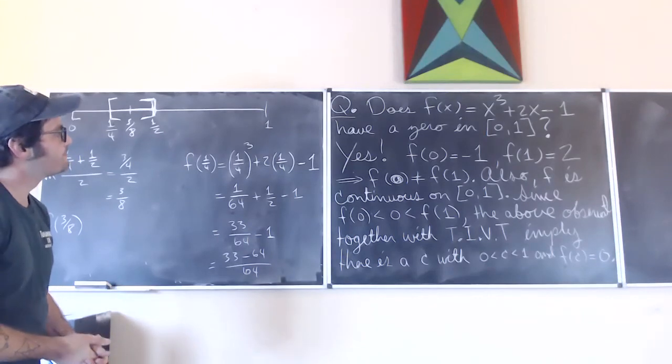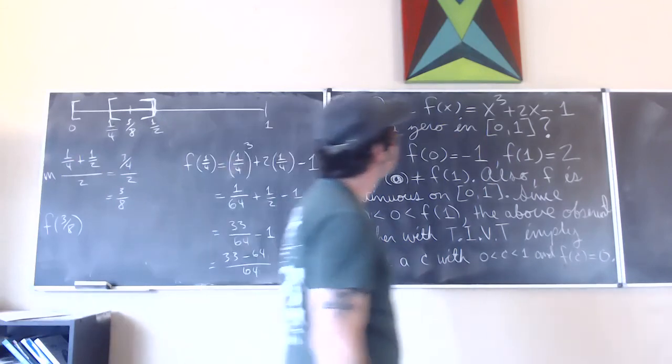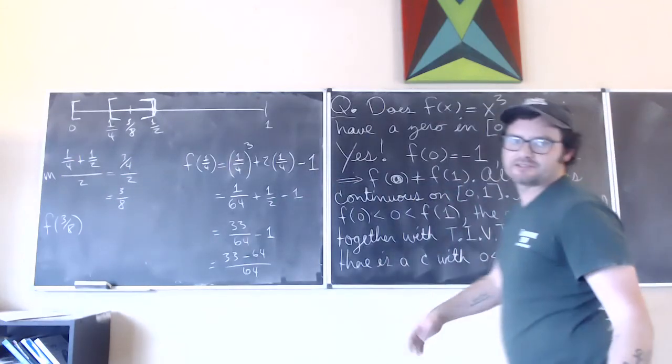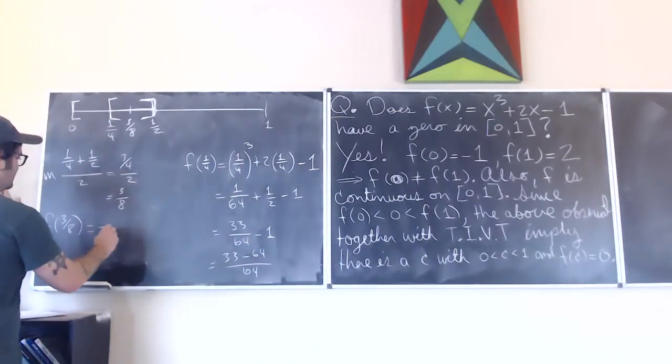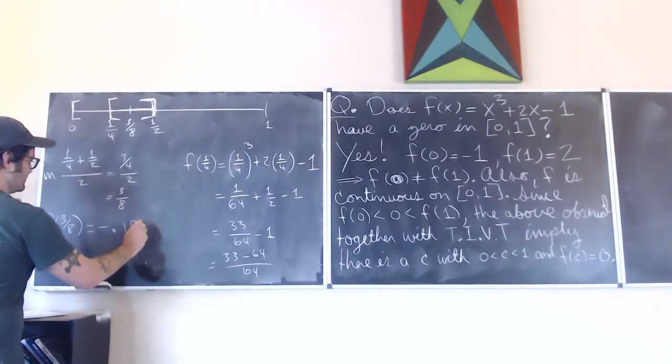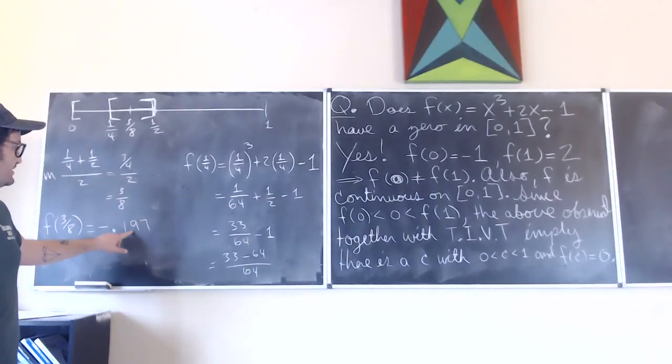Yeah, I can pull it up, just one sec. I got a decimal value if that works. Yeah, that's fine. Is it positive or negative? Yeah, it's negative, 0.197.